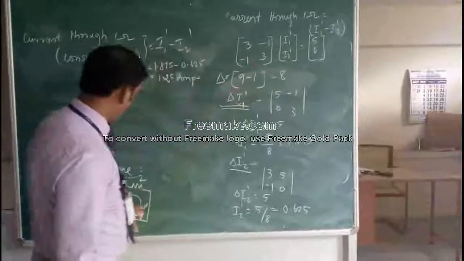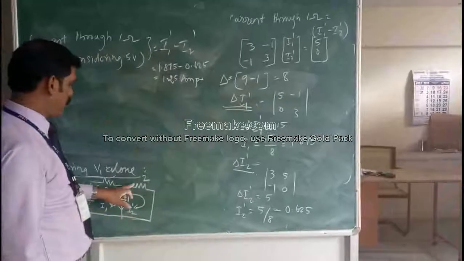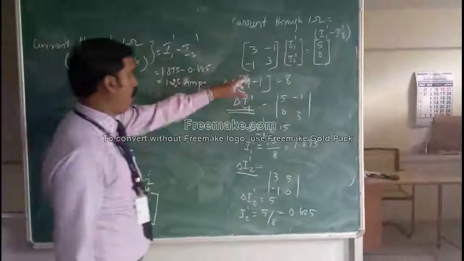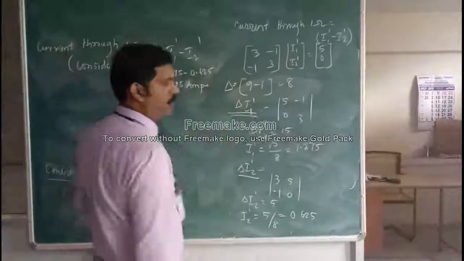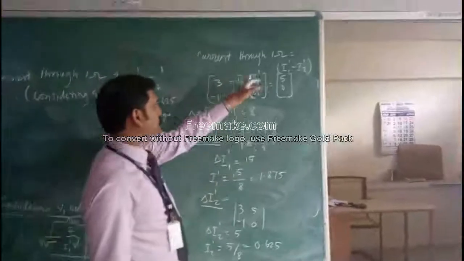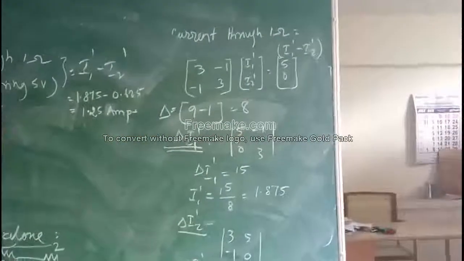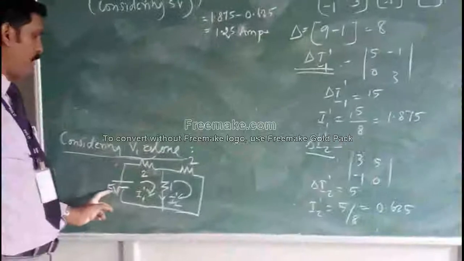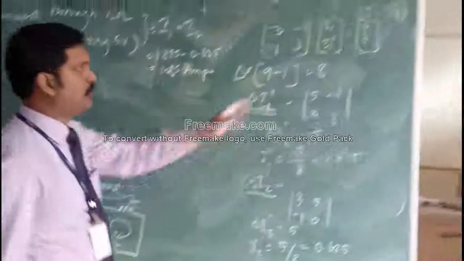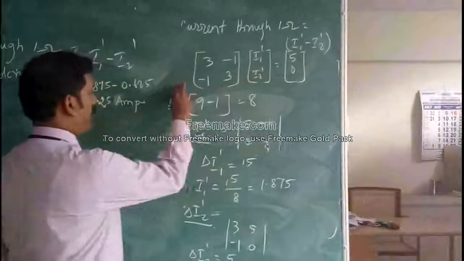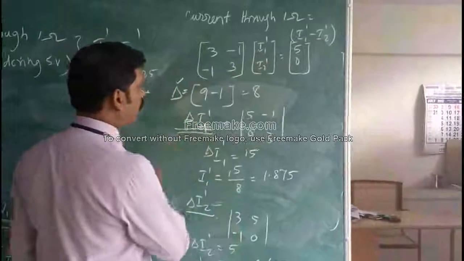I put 3, and for the first loop you got the common branch 1 ohm, current direction is opposite, so I put minus 1. So resistance matrix, current matrix, and voltage source. In the first loop only we got 5 volts. In the second loop we don't have any voltage source. So 5 0.